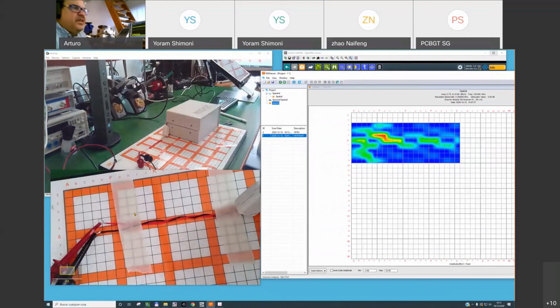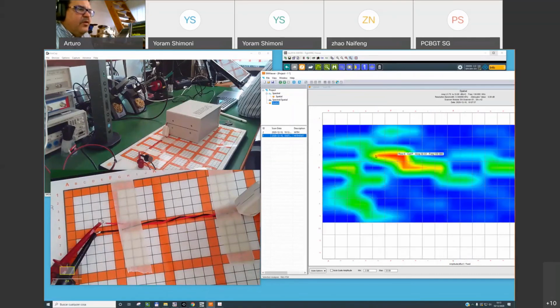You can see in my measurements in this area, I have red color in FG56. And what happened in FG56? The cables that were very close to each other suddenly are open.